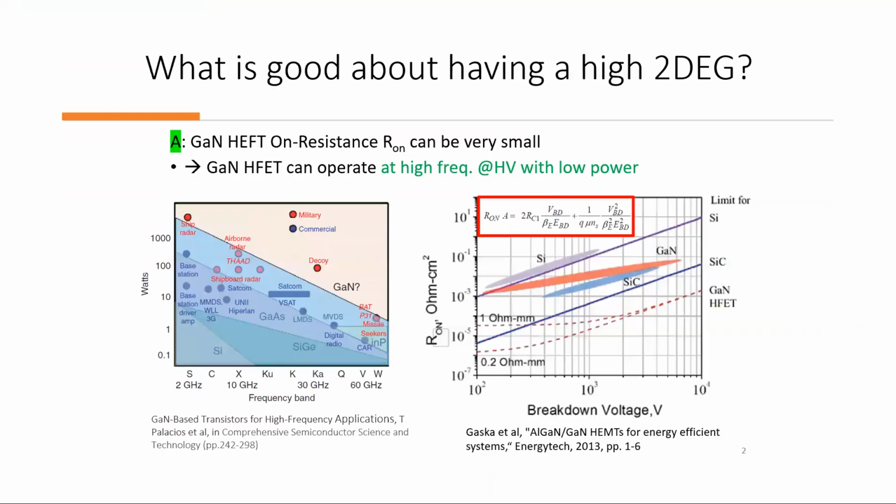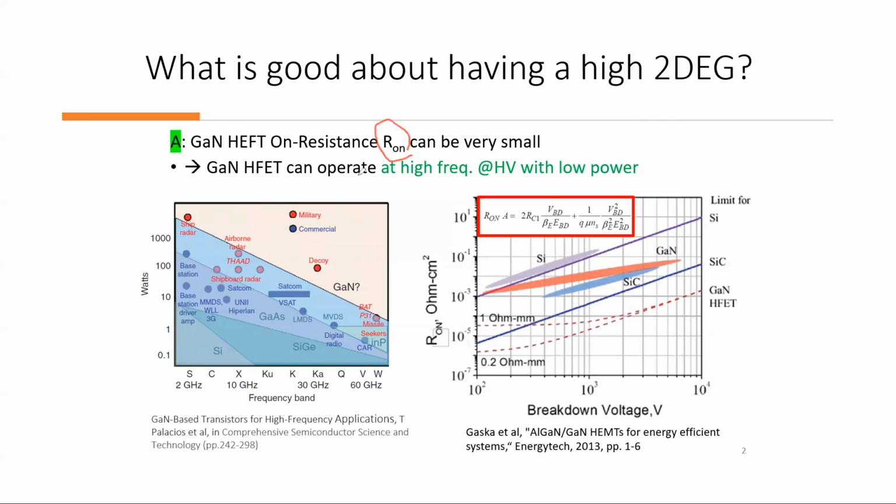As I mentioned before, this is a review of the previous topic about the high two-dimensional electron gas. What's good about it? What's good about a material or device that has a very high 2D electron gas, meaning that your Ion can be very small?